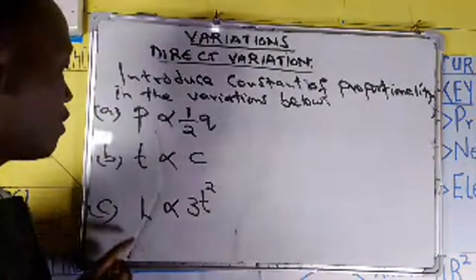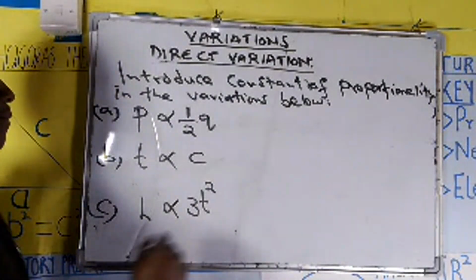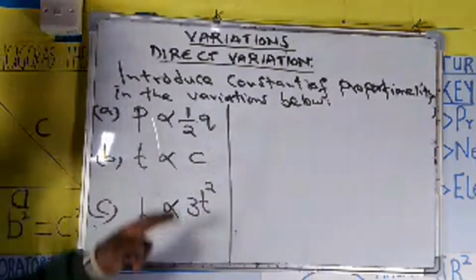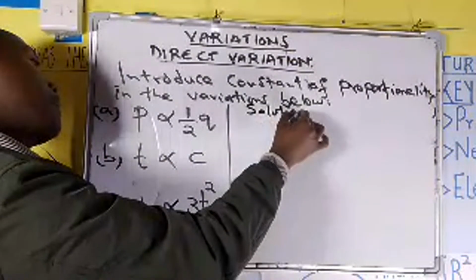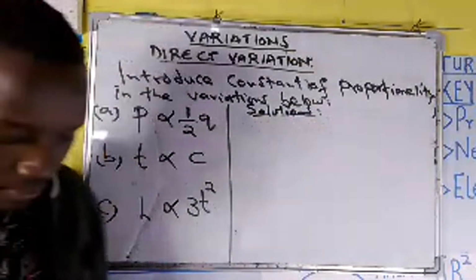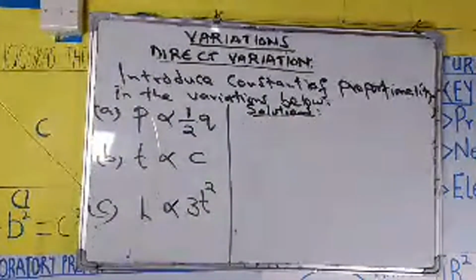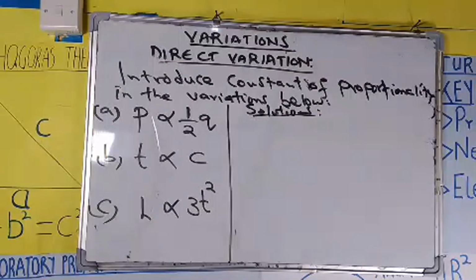So I want you to introduce a constant of proportionality in this and give me the solutions, if possible.